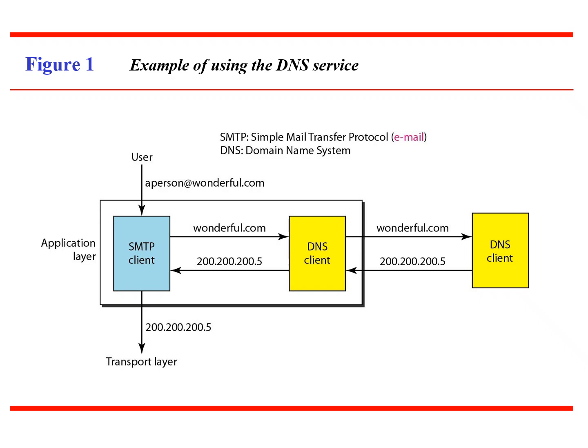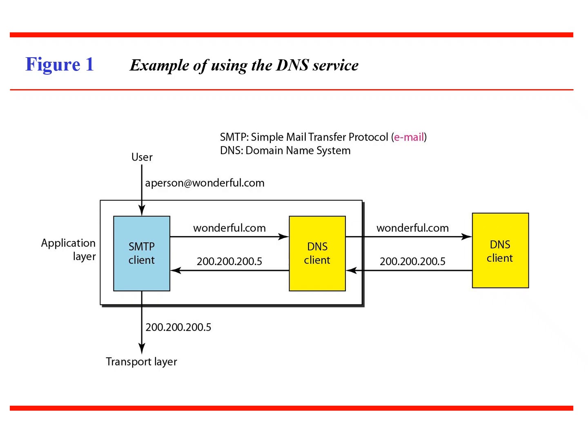If this DNS client has the IP address, it will send it to the client. Let us take the case where this client does not have the IP address. Then it contacts the remote DNS server and asks: I need to identify the IP address of wonderful.com.